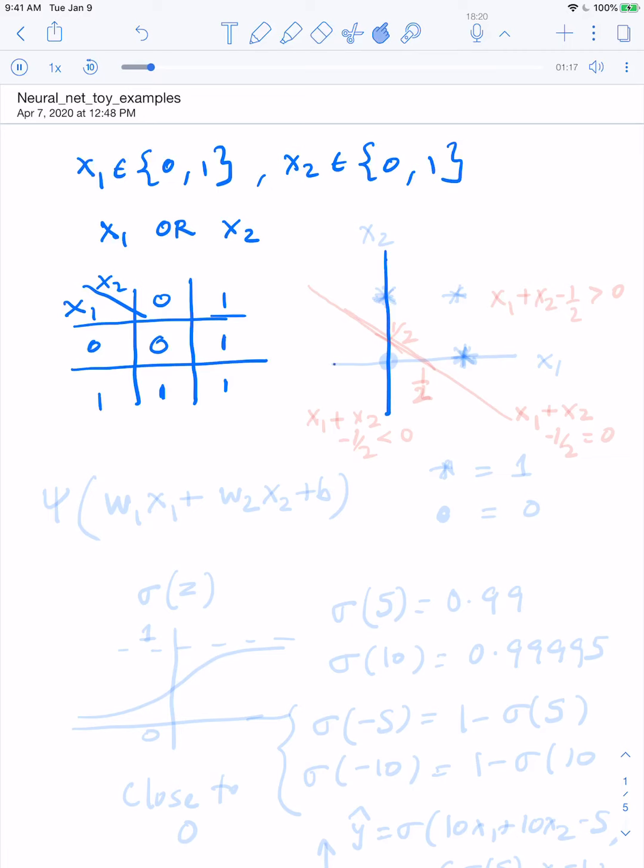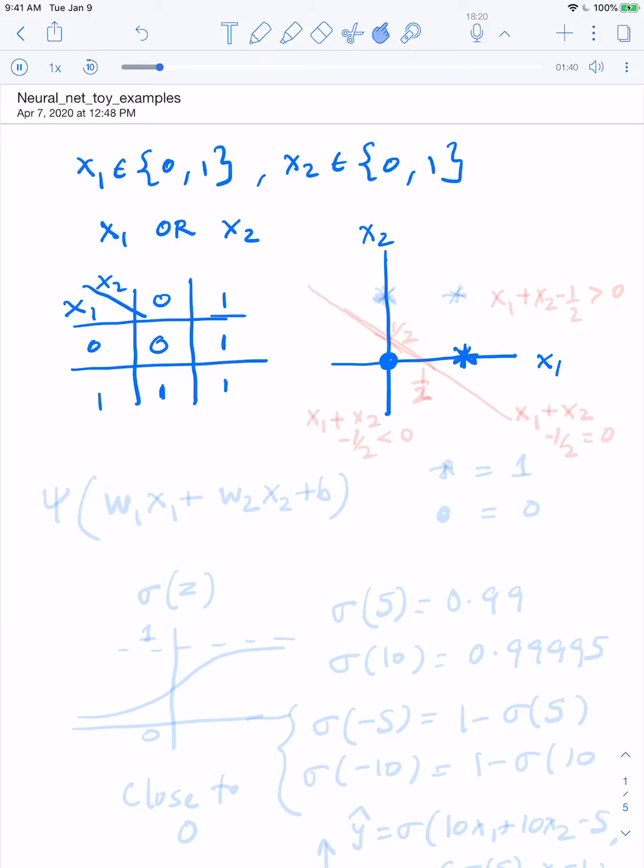So let me draw x1, x2 as real numbers, and I have only these 4 possible things that it could take. At 0, 0, I'll get value 0. At 1, 0, I'm going to mark it as a star.